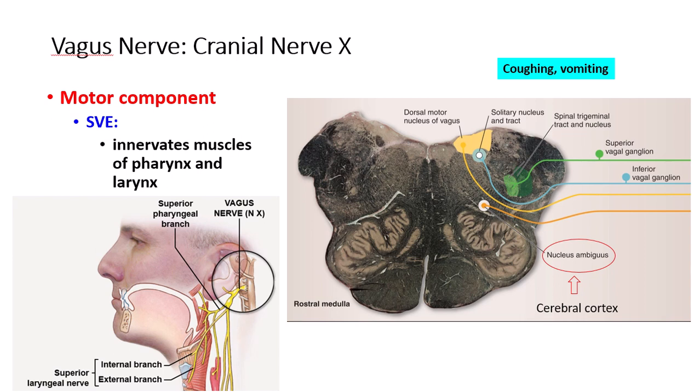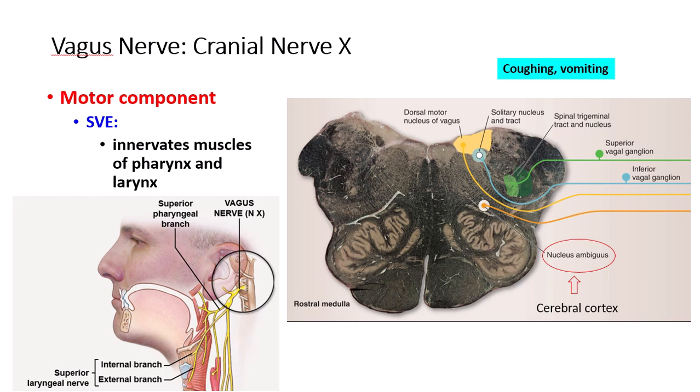From there, these fibers go to the pharynx and larynx. The pharynx is responsible for swallowing, and the larynx is for production of voice or vocalization or speech, whichever you call it.